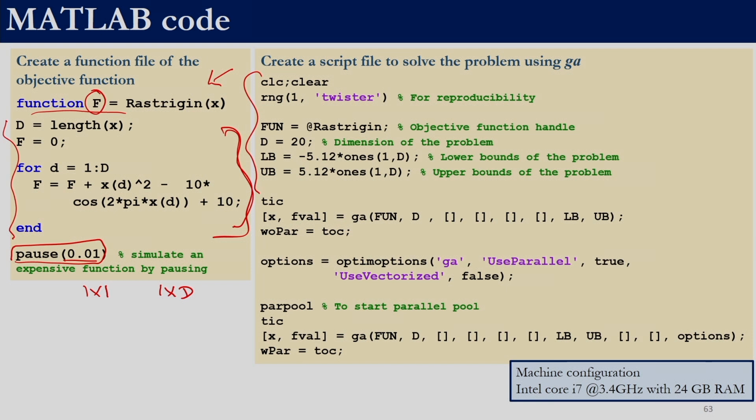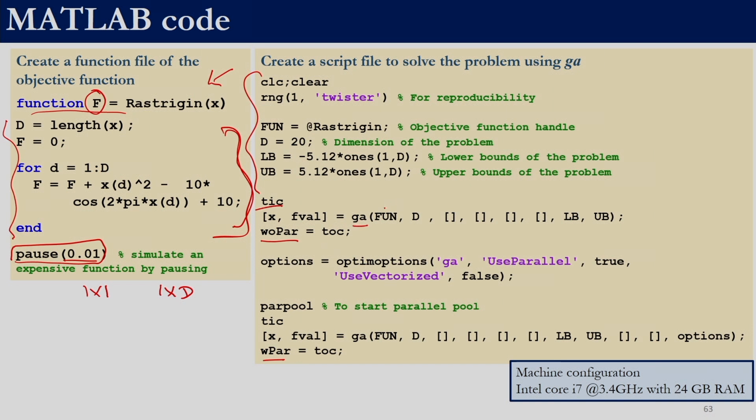So, what we are going to do is solve the problem twice, right. First time we will solve it without parallel computing and the second time we will solve it with parallel computing. In both the cases we will measure the time required for solving the problem. So, here we are starting tic, and we are executing GA.